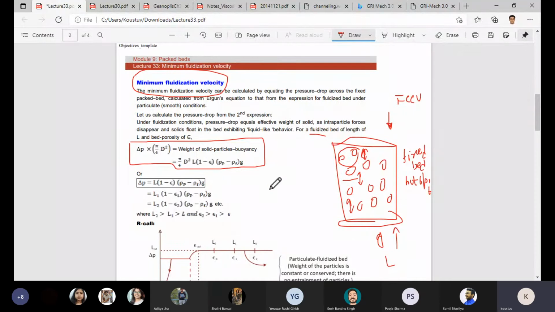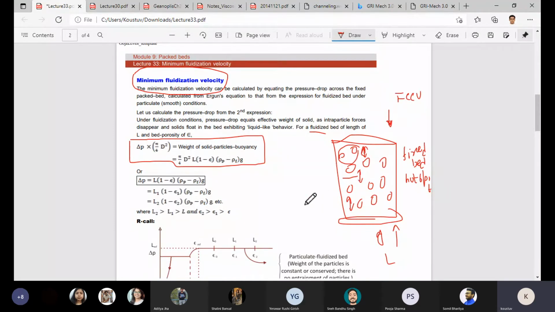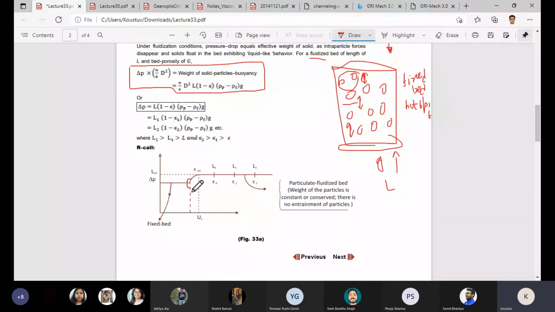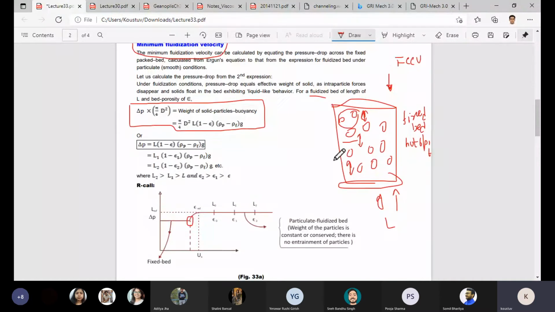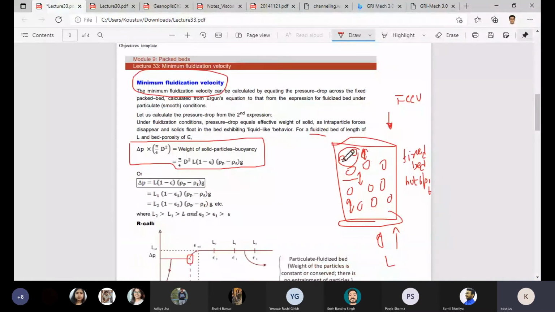As the flow rate becomes more and crosses some threshold or limit, the bed tries to move, or rather the particles try to move from their positions. There is still a delta P, but what causes them to move? When the bed was static, there was the weight of the solid particles and a buoyancy force.